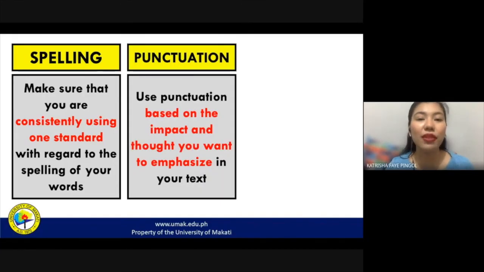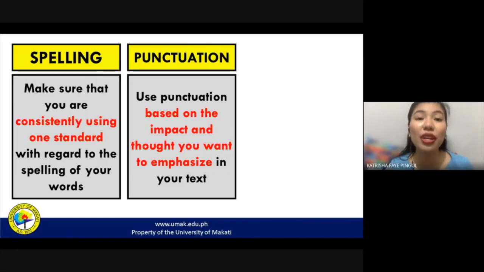Okay, so let's move on to punctuation. When we say punctuation, this is simply the use of different symbols to represent the ideas that we have in the sentences, or how we present the particular sentences that we are going to write. In writing a well-written text, punctuation is very important because we use it based on the impact and thought you want to emphasize in your text.